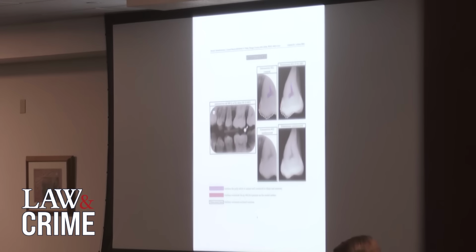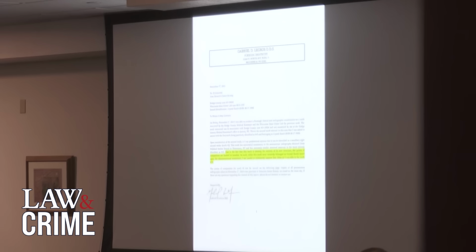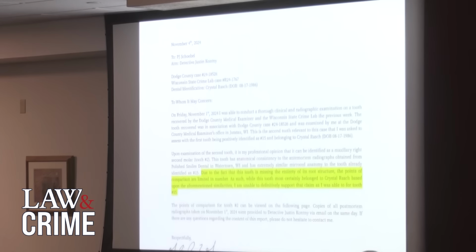Now going to the next slide here, what are we looking at? That's just the cover letter for the second report that I wrote, detailing the second tooth that was found. And the highlighted portion, tell us what you're advising of there. Yeah, so this tooth, when it was located, did not have the root anatomy, so there were fewer points of comparison for me.